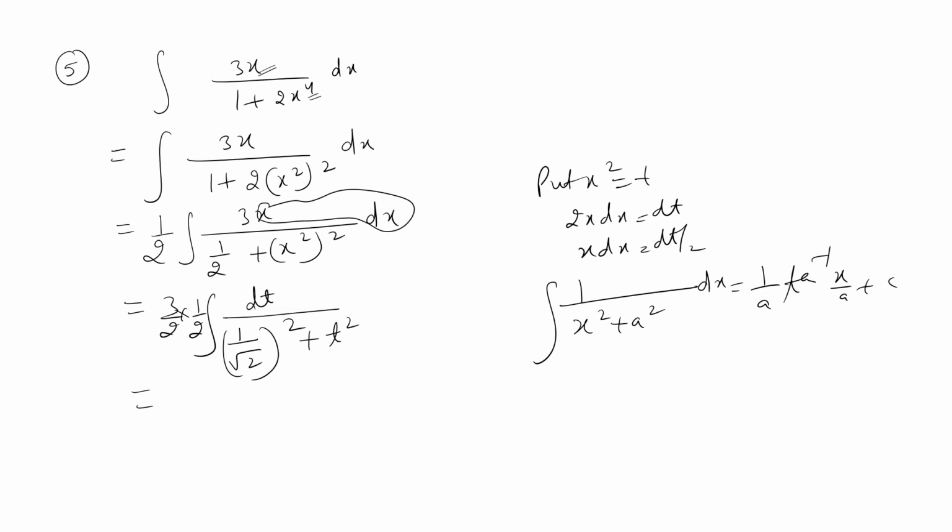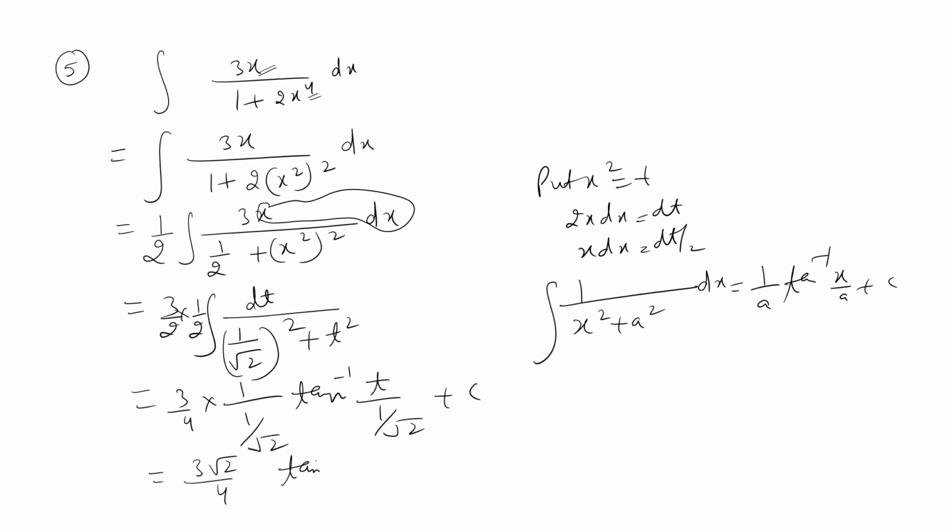So this becomes 3 by 4 into 1 upon a tan inverse x upon a plus c. So this becomes 3 root 2 by 4 tan inverse root 2 t, and t is x square, so the upon is now cancelled because it is 1 plus c, which is the required answer.